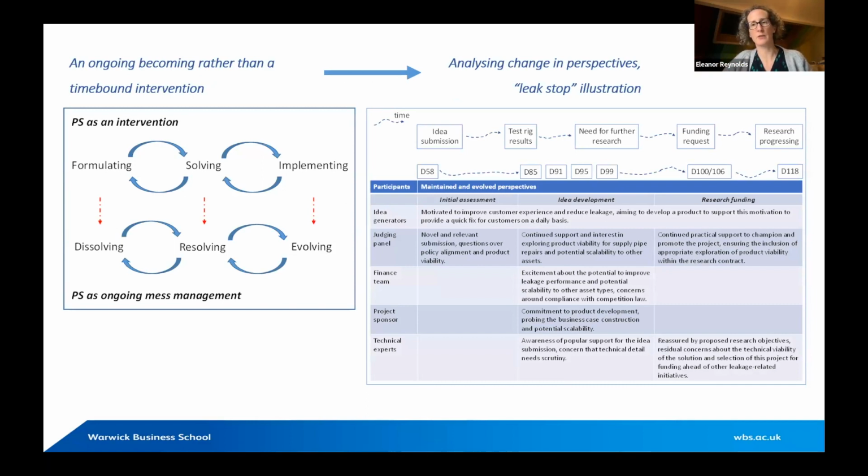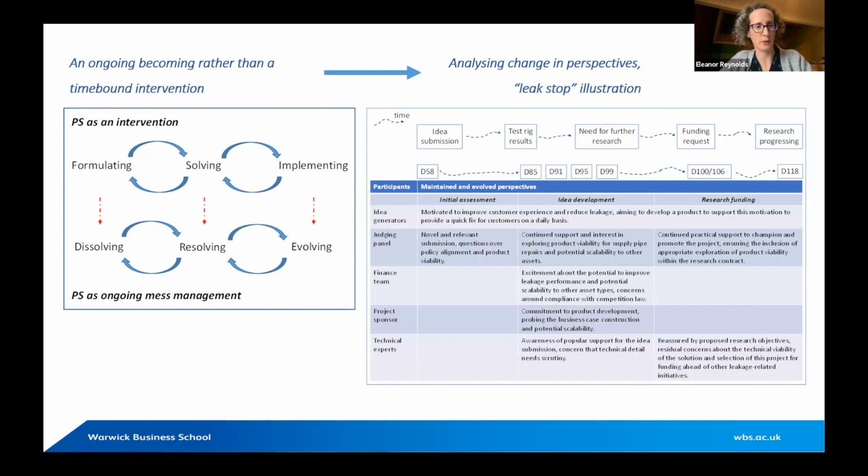This idea that I was looking beyond a specific intervention was there right from the start in the design of the research. But in the data, I was beginning to feel that actually we could look at problem structuring as an intervention, think about formulating a problem, solving a problem, and implementing a solution. Or we could go back to some of these words that exist in the literature.